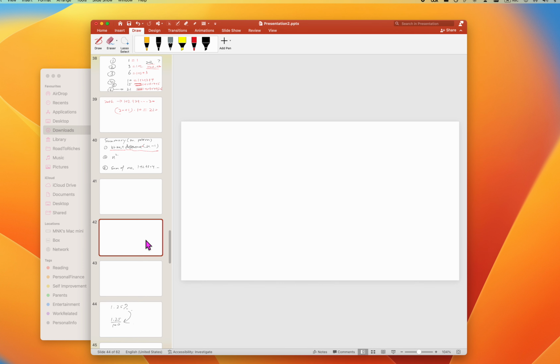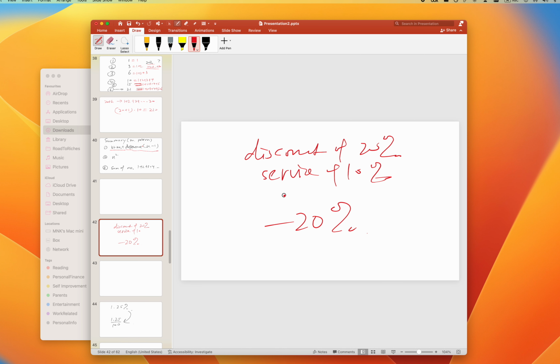Now I'm very scared of you already. So, if I tell you discount of 20%, do you know what's the actual meaning of it? Minus 20%. Understand or not? If I give you a service charge of 10%, you know what's the meaning of this service charge of 10%? Plus 10%.